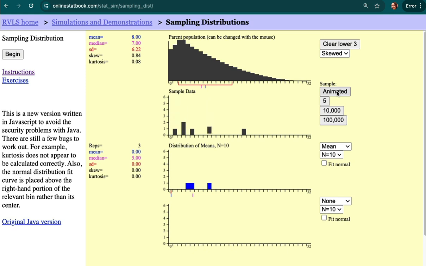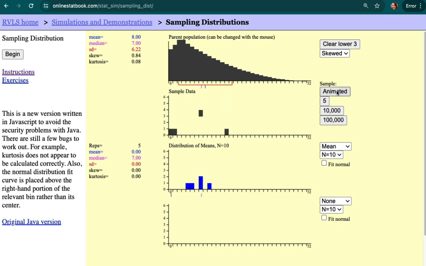This is the reason why we need to take multiple samples, because of these random chance events. Sometimes you're going to get weird things happen, and that can happen occasionally, but we want to factor those out. We want to make sure that those do not have an oversized impact on our overall view of what the sample means are going to look like.